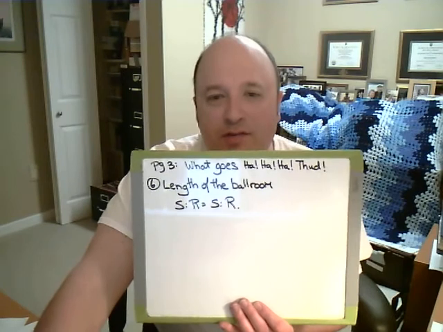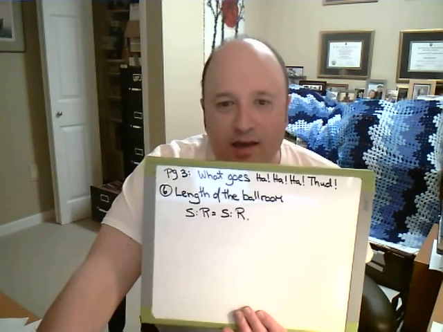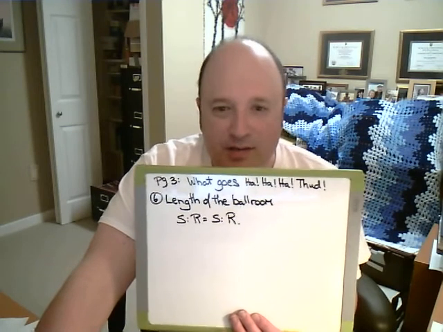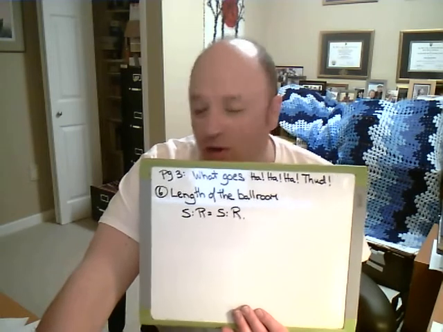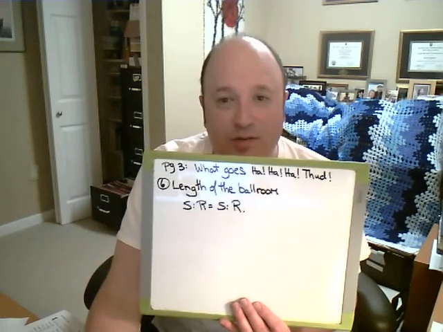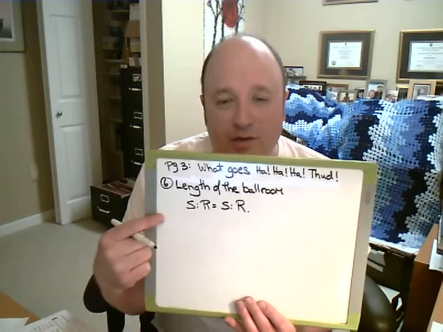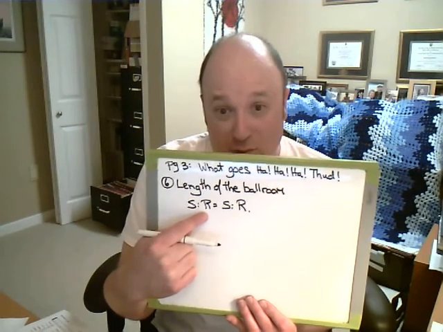For the rest of them, you're going to use this ratio equation: scale to real is equal to scale to real. That's what I'm using as the letters. You can use whichever letters you like. We know from the top that 2 centimeters is equal to 3 meters, and I can write that in at the start of my equation. 2 centimeters on the scale is equal to 3 meters in real life.